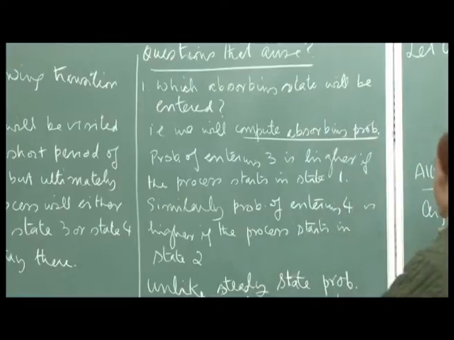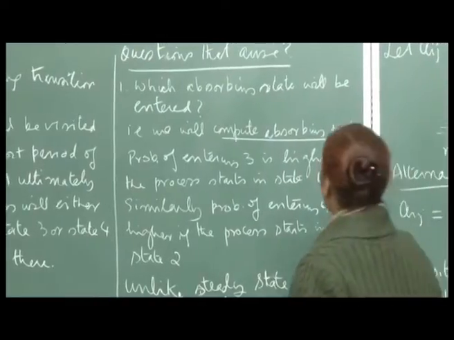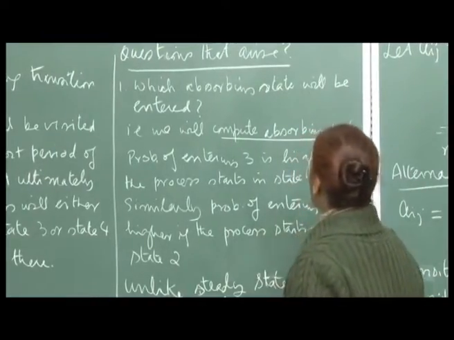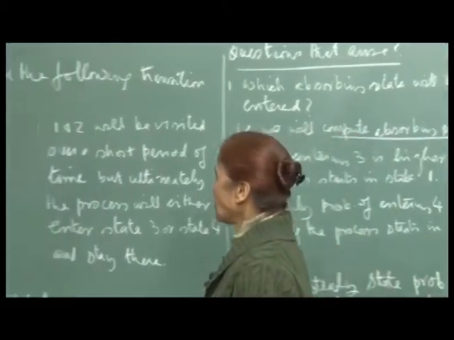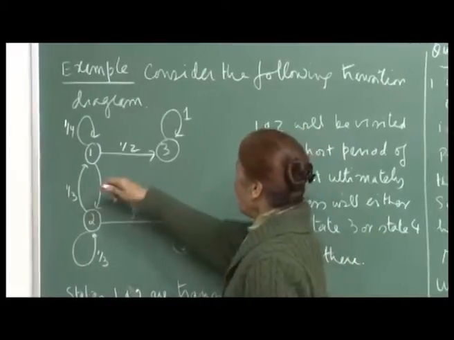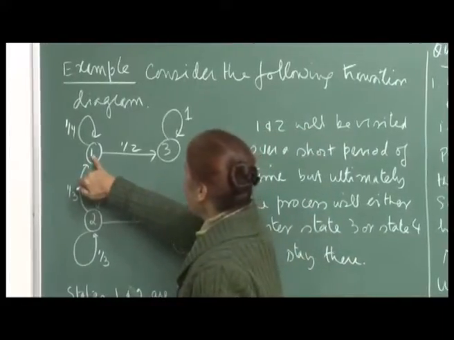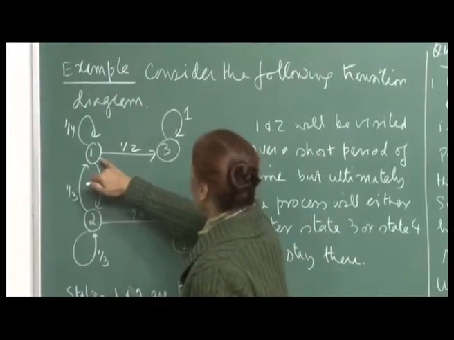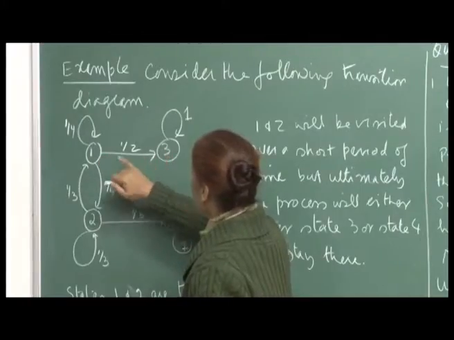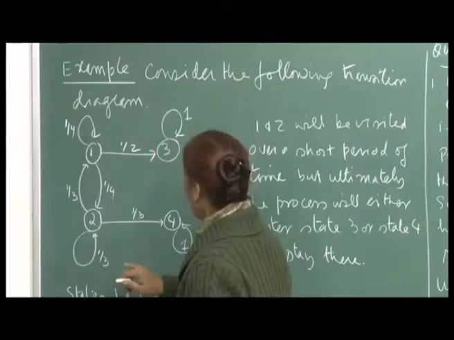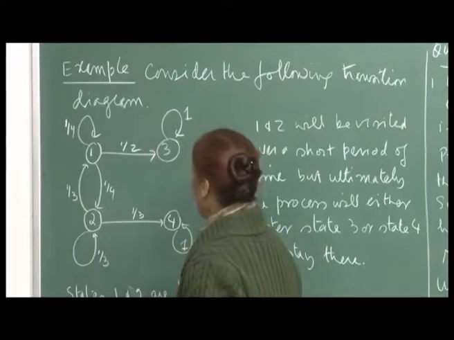Before I start talking about the method for computing the absorbing probabilities, let me give you a feeling for what we are talking about. If you are in state 1, then the probability of transitioning to 3 seems higher than transitioning to 4.